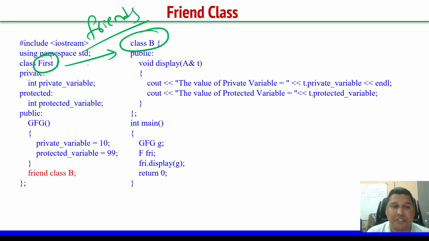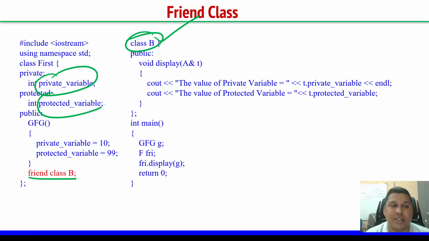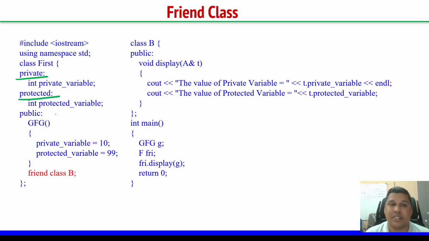When both of them are friends, we know we share our belongings with our friends, right? We share our belongings with our friends in lab or in class or somewhere. So that way, now you see, I declare it as friend. It means with the object of this class B, I can use these private and protected variables.